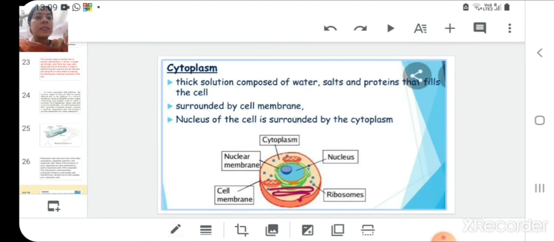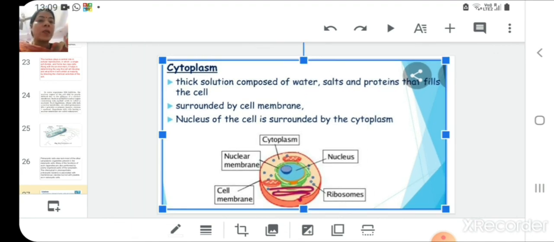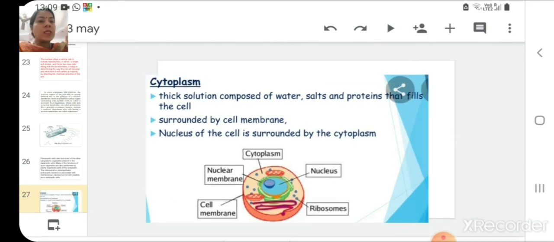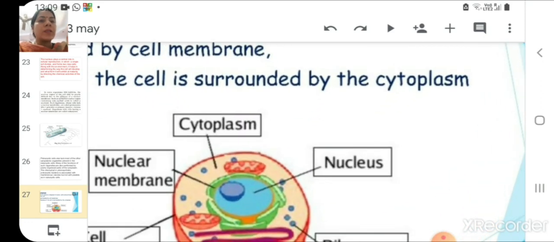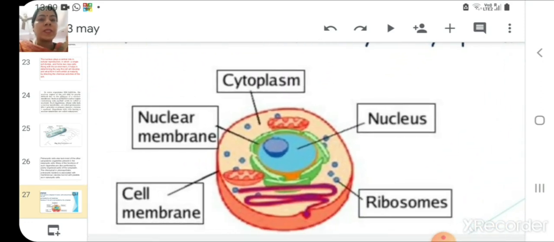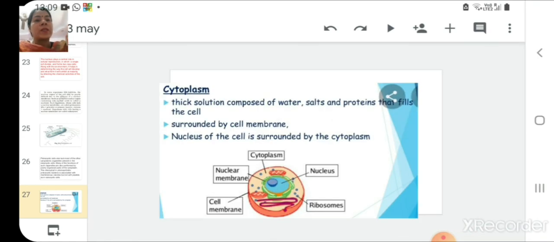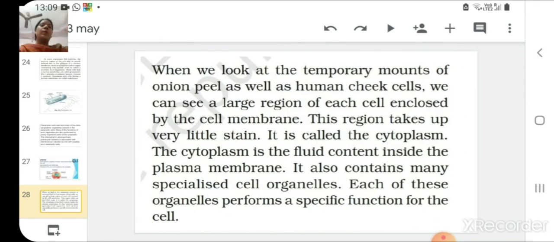So here in the slide you can see that cytoplasm is shown in this diagram. You can also see that nucleus is there, and you can also see other parts of the cell, nuclear membrane, cell membranes, ribosomes, etc. So cytoplasm is one of the very important parts of the cell.